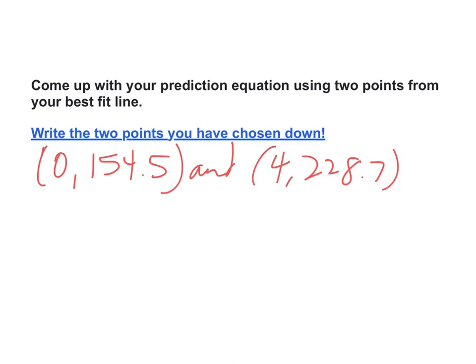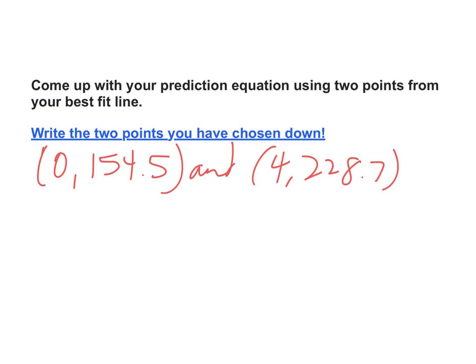Write down the 2 points that you've chosen, because I might have to have 4 different answer keys for a particular problem and find out how you calculated the slope and how you found the y-intercept, and then somebody else who has another line of best fit that's still right but different than yours will end up with a different slope and a different y-intercept. Okay? So if you identify the points that you use, then I can tell if you use them correctly.